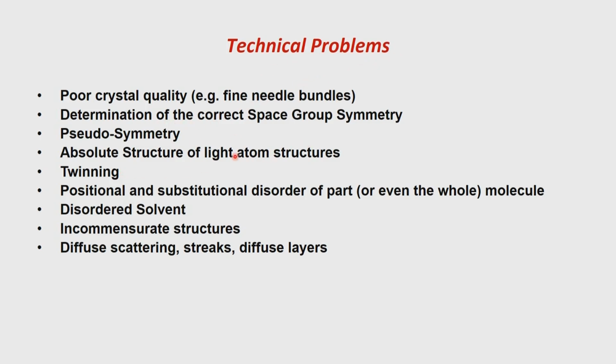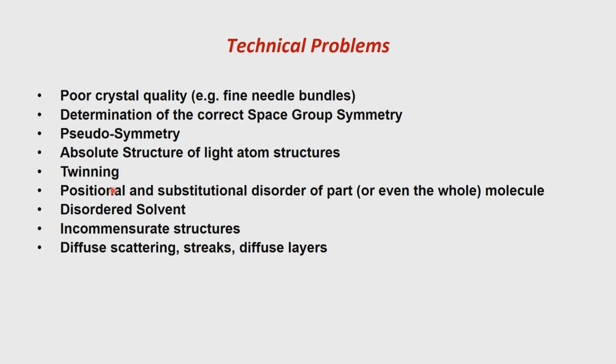Then there is another issue which will bother in many cases, and this is a very serious issue particularly for pharmaceutical compounds: positional and substitutional disorder of part or even the whole molecule. Sometimes the whole molecule is disordered, that means it is not in one position, it can be in two possible positions. The symmetry will allow it.